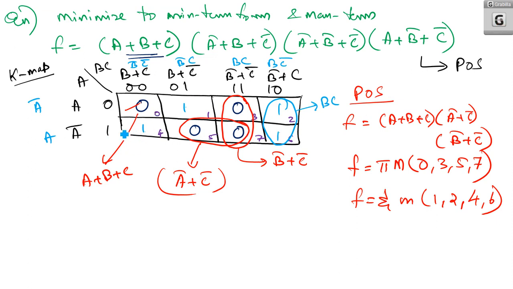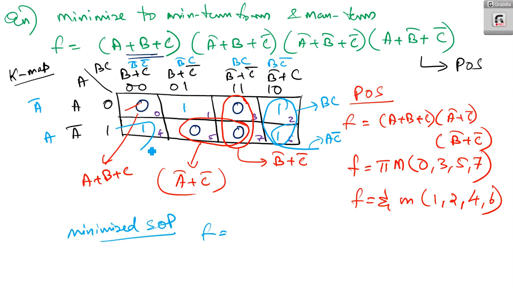So you can take this one and this one. What is common? A is common and C bar is common. So this is A C bar. Therefore the minimized SOP form, you can write as F is equal to, what is the first term?